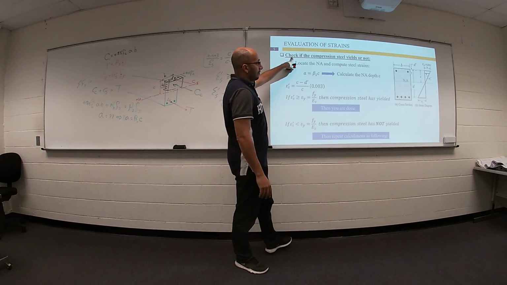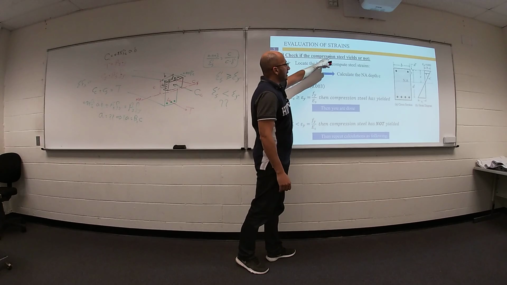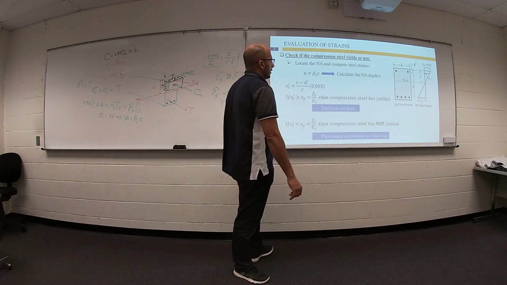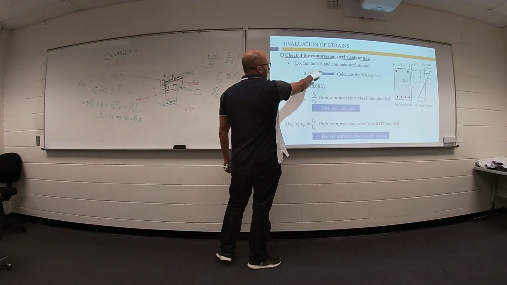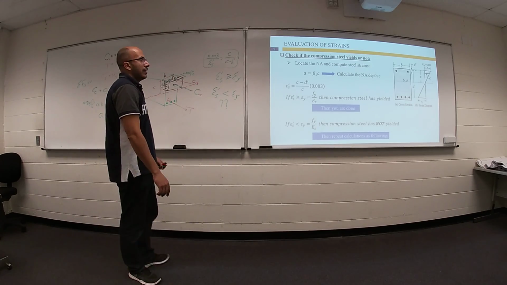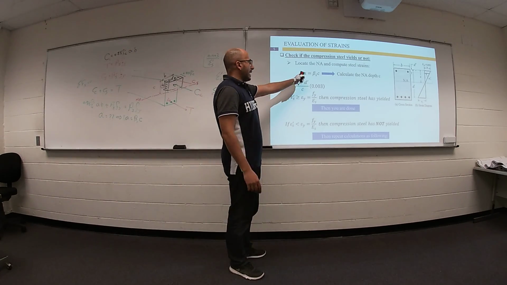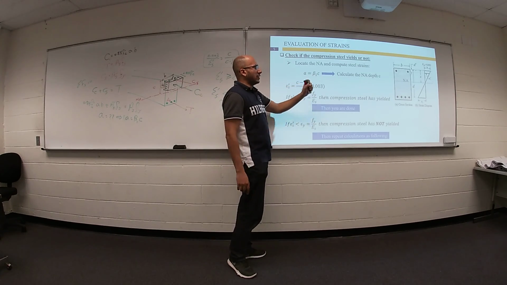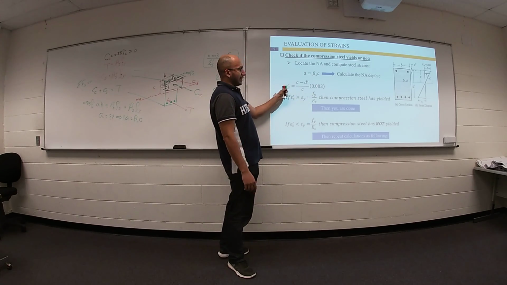We need to check if the compression steel yields or not. First, locate the neutral axis. What is the value of C? After you calculate A, we can figure out the value of C. Make a triangle similarity.